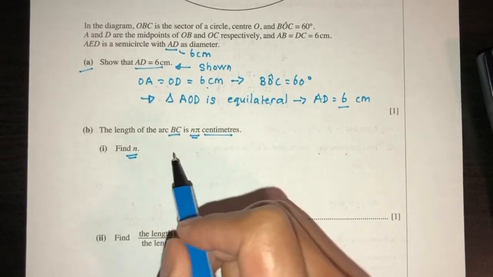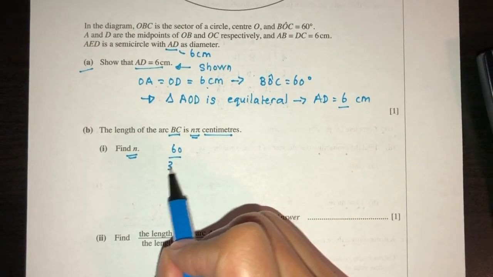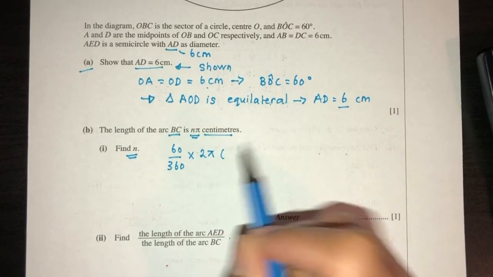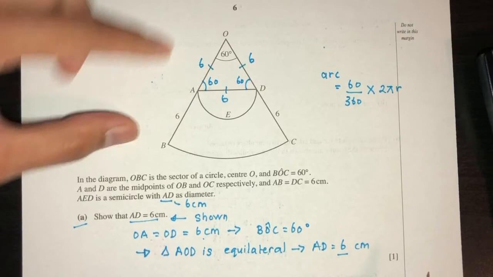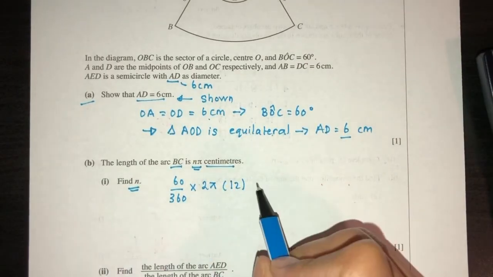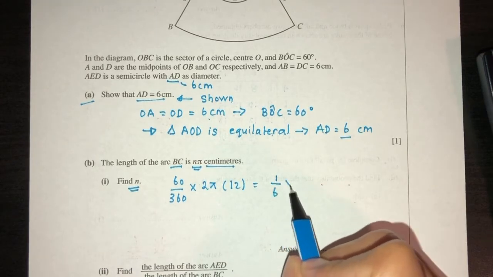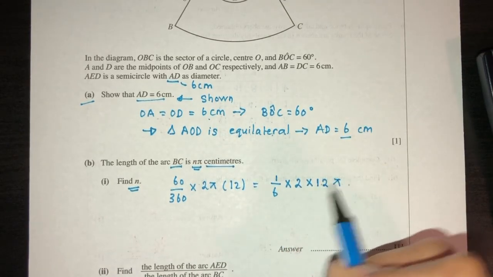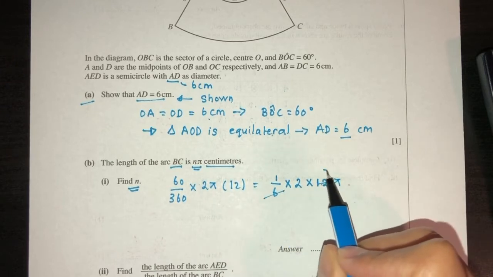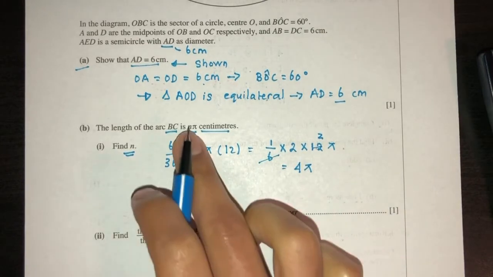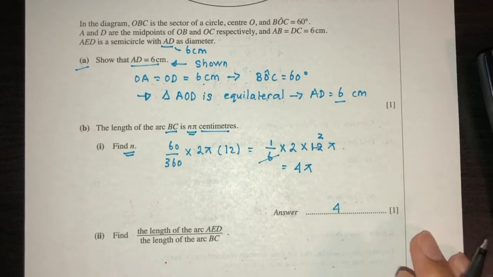So we have 60 over 360 times 2 pi r, radius here is what? 6 plus 6 is 12, that is the radius. So simplify, you will have 1 over 6 times 2 times 12 pi. So this one goes away, you will have 2 here, that is 4 pi. So value of n will be 4, that is 1.